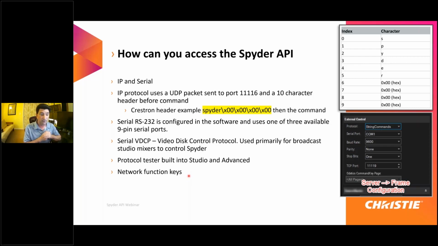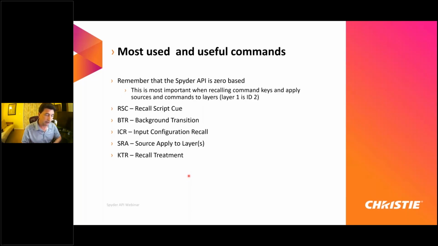So you can control Christie projectors, for example. You can turn them on, turn them off, close or open the shutter, that sort of stuff, directly from within Spyder Studio or even Vista Advanced. So very, very powerful stuff. All of this is built directly into Spyder.